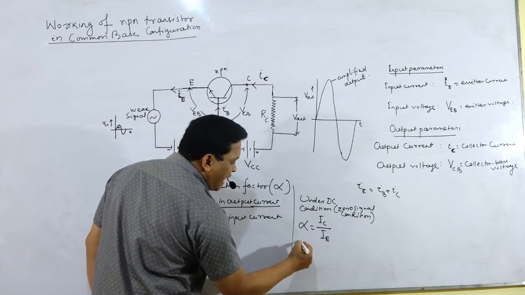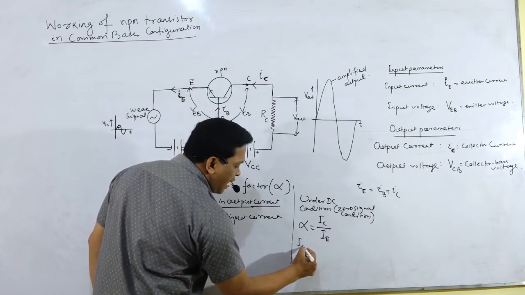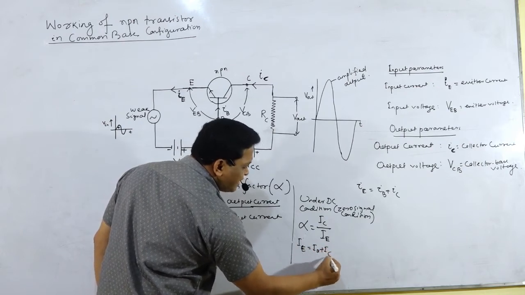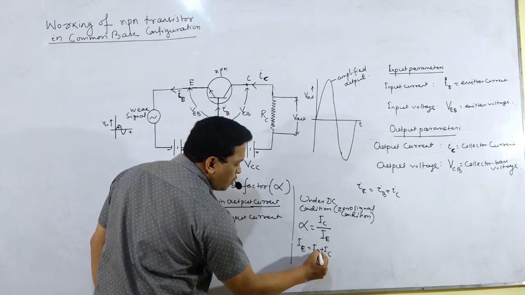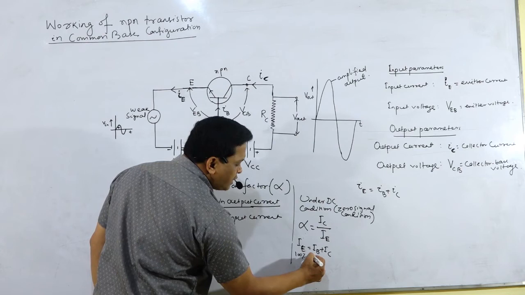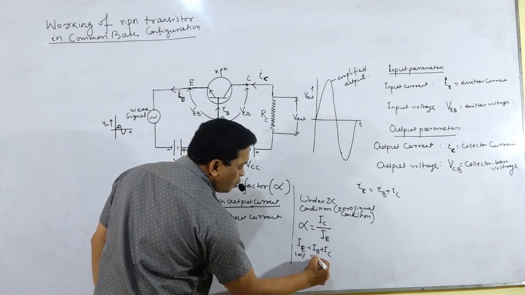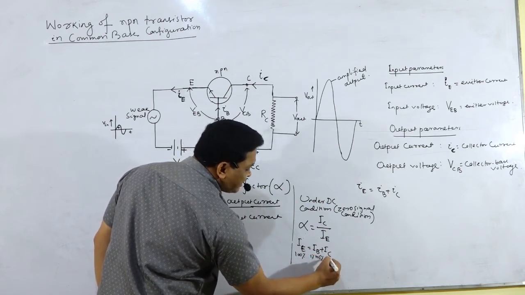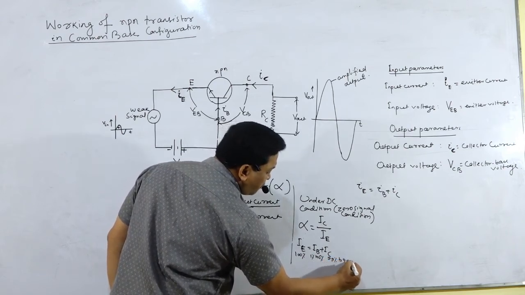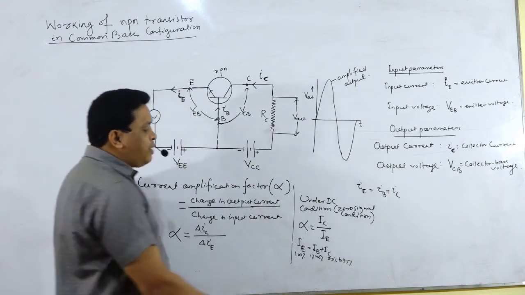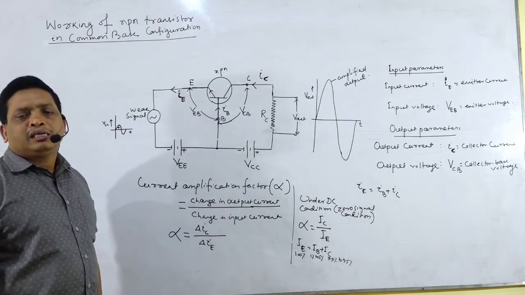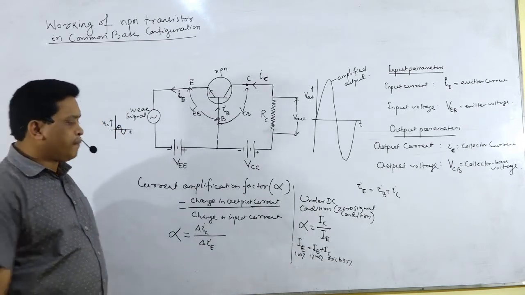Now we all know that IE is equal to IB plus IC. As I told you, if IE equals 100%, IB ranges from 1% to 5%, and IC ranges from 99% to 95%. So IC is slightly less than IE.